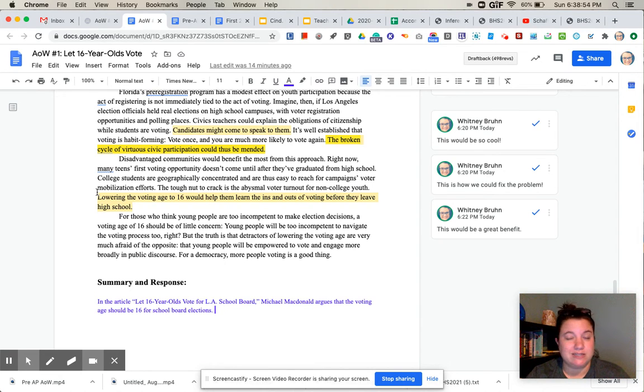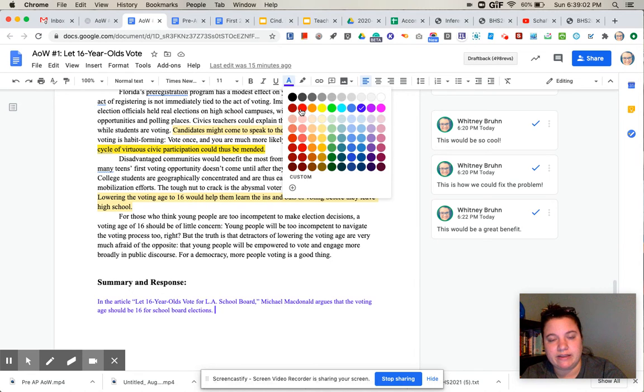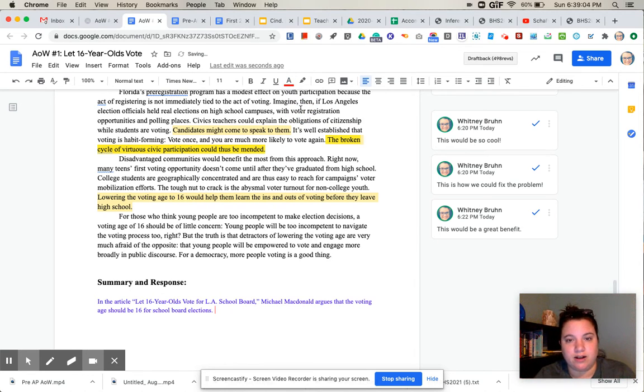Now, I don't want to just take that whole quote and plop it into my paragraph because that's not going to sound very good. So what I need to do is to have a sentence starter. I'm going to change my text to red because that is what we use for concrete details. You could say something like, for example, or you could say, McDonald's states because, this is what he's saying. What I'm going to do is, let's see, how do I want to do this?